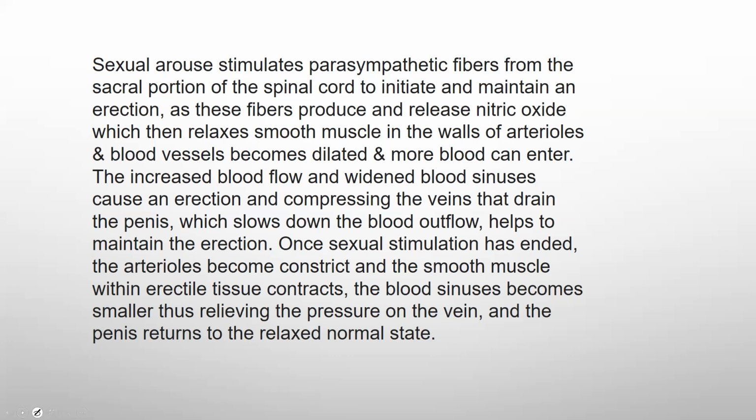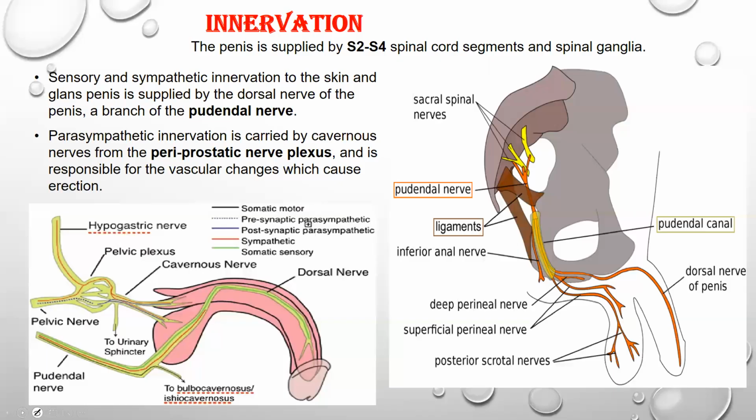So this is a simple slide which you can take a screenshot of. That was the arteries and the veins, and their role in the erection, and some role of the pelvic floor, which I explained.